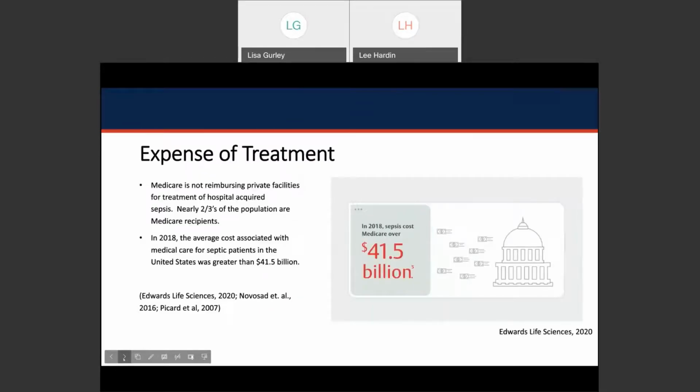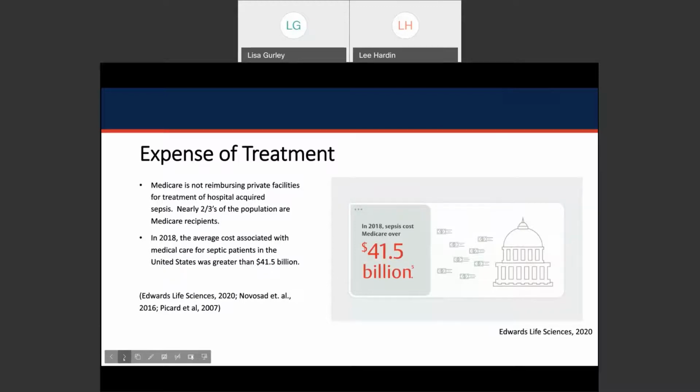Sepsis is associated with high morbidity and mortality and accounted for $23.7 billion in healthcare expenditures in 2013, compared to a bit over $16 billion in 2007. The cost of treating sepsis patients increases 12 to 14% every 2 years. And in 2018, Medicare spent over $41.5 billion treating sepsis patients.